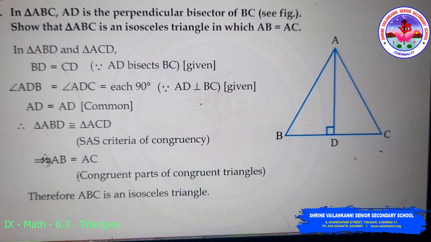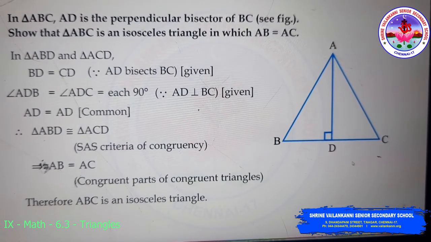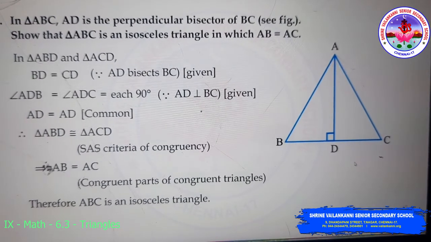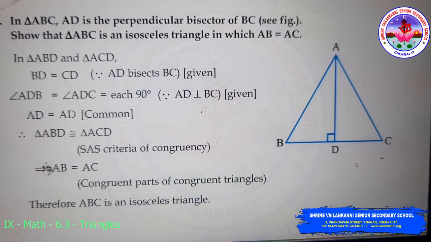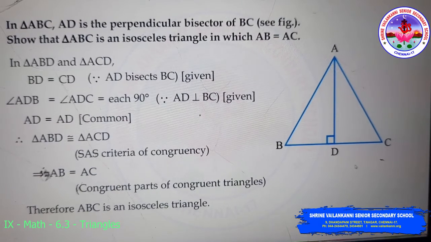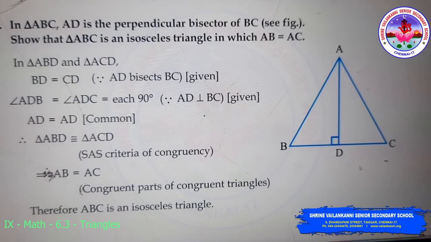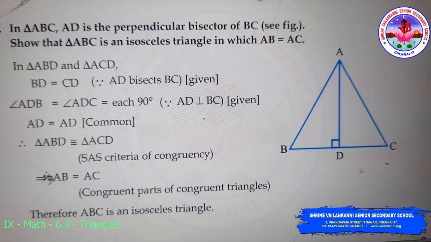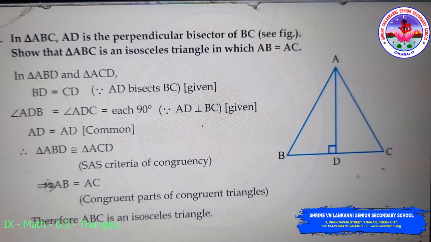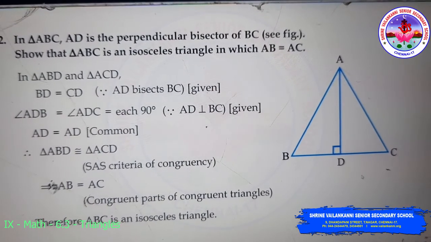We know that AD bisects BC, as given in the problem. AD is the perpendicular bisector, so D is the midpoint of BC. So BD is equal to CD, with the reason that AD bisects BC. Next, it is a perpendicular line, so it makes an angle of 90 degrees with the base. So angle ADB is equal to angle ADC, which is equal to 90 degrees.